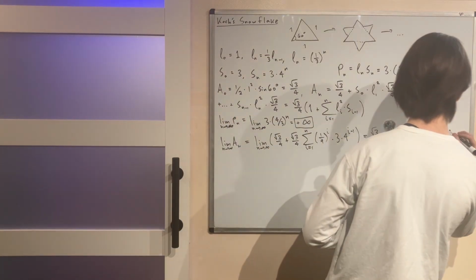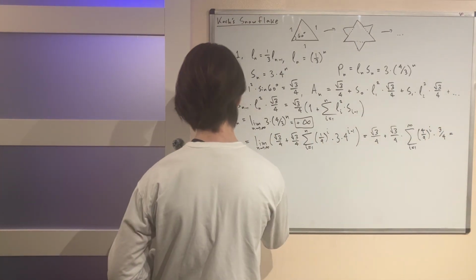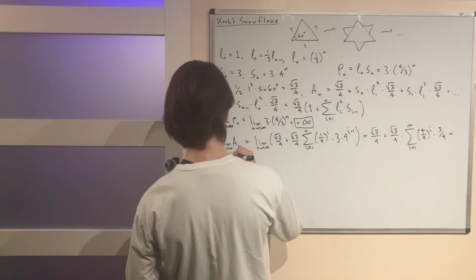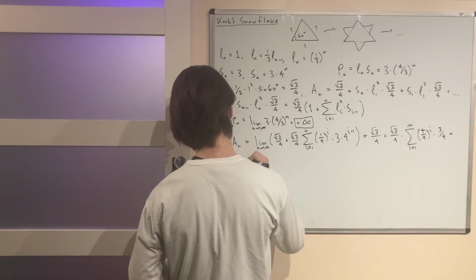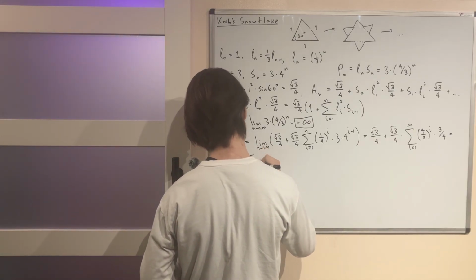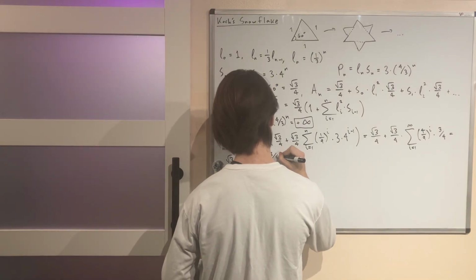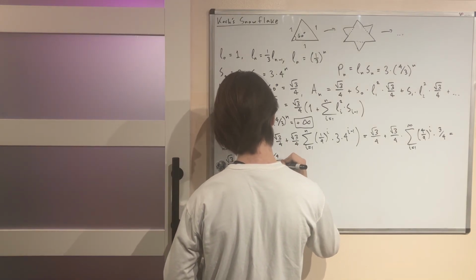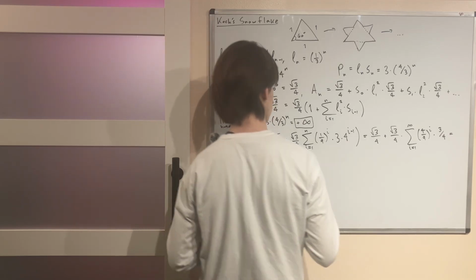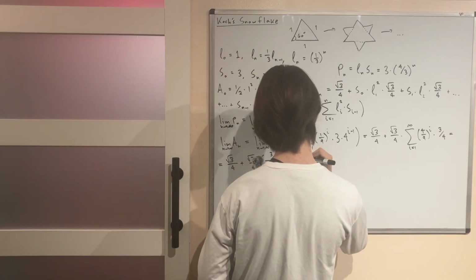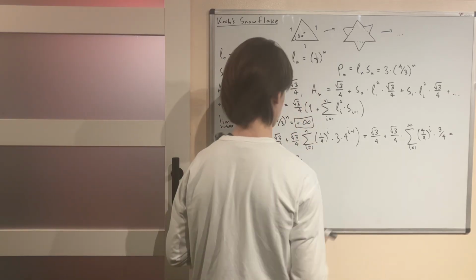And so we get our final answer for this limit of A of n. If I write it all out, it's going to look like this. Root 3 over 4 plus root 3 over 4 times first term over 1 minus the common ratio, but minus 3/4, which is the term for 0.